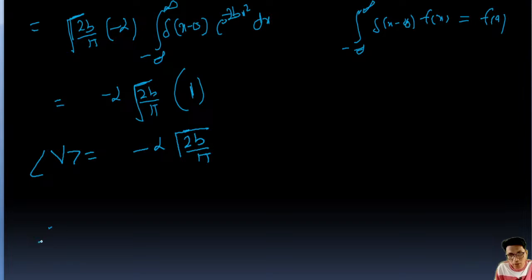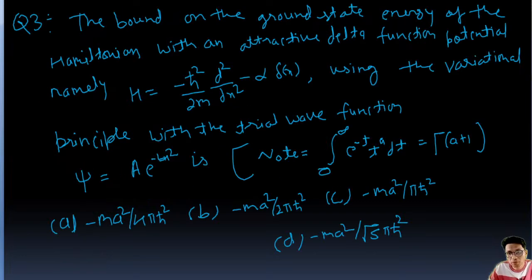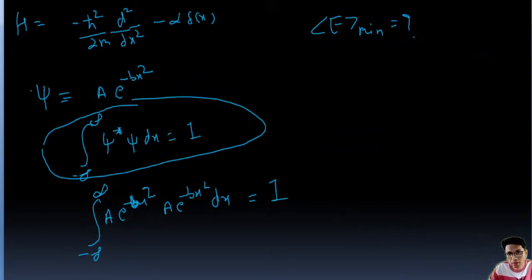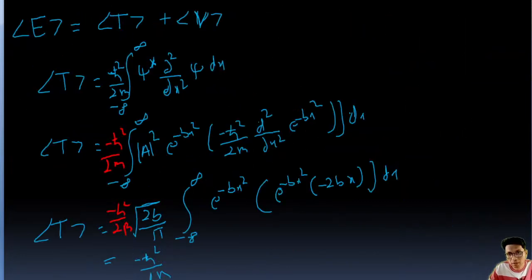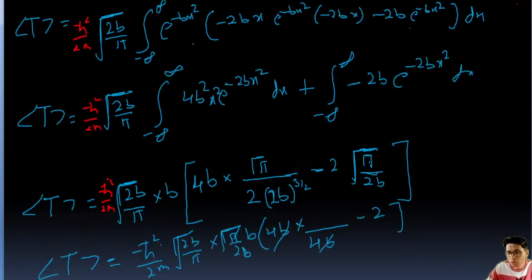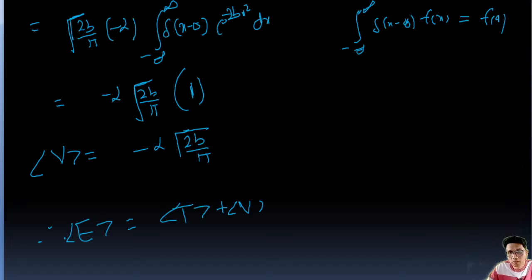Now the total energy is going to be kinetic energy plus potential energy, which I have already mentioned earlier. I'll show you here, this one, right here. So we'll put the values.